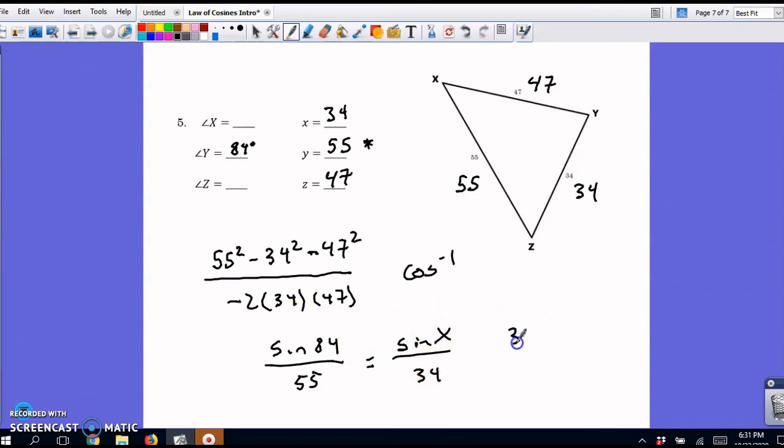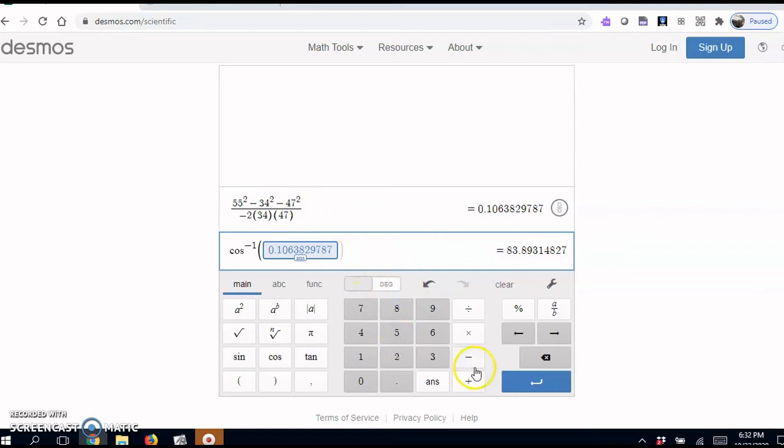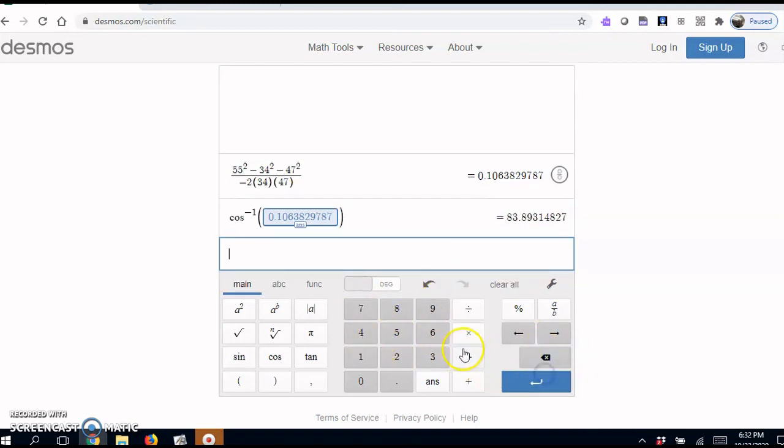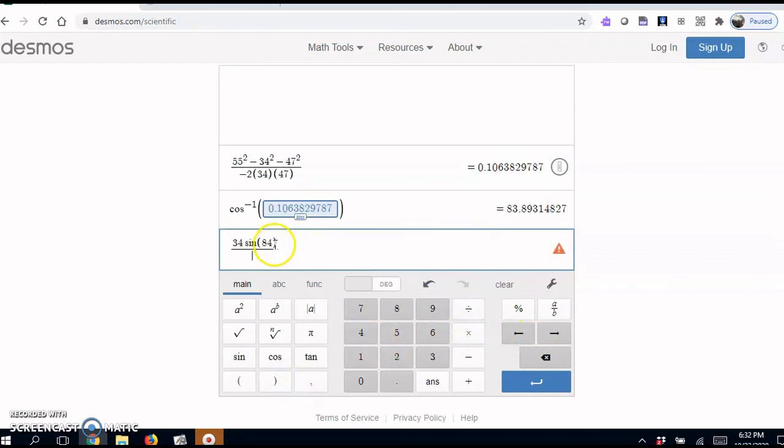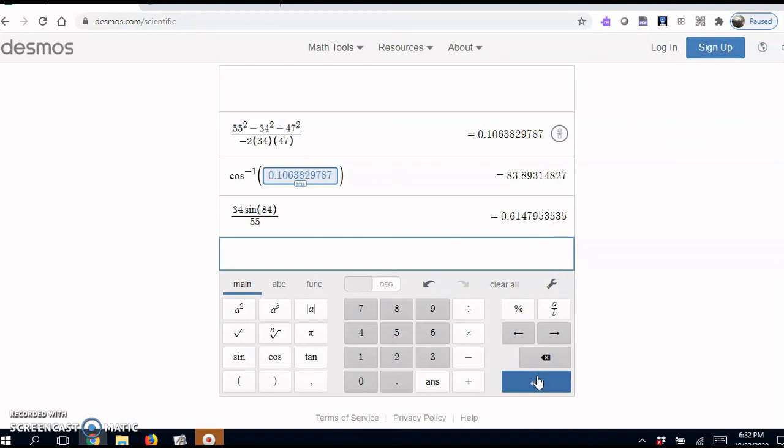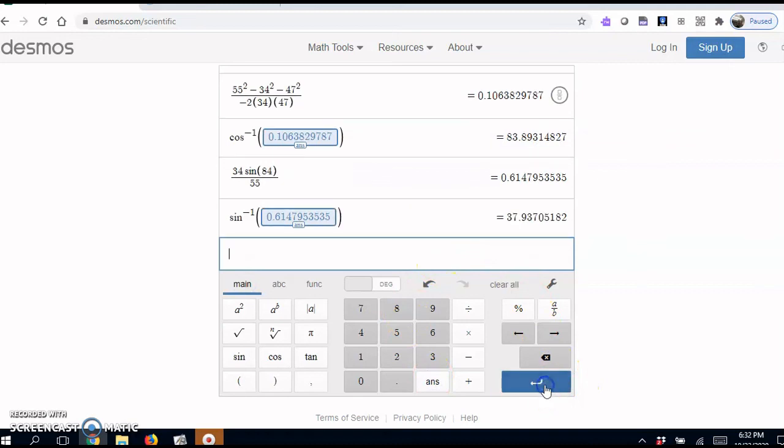Cross multiply: 34 sine 84, all divided by 55. Because I'm multiplying these, I can divide after that. It's when you're adding and subtracting that you have to use that fraction form. Then I'm going to inverse the sine of that answer, which gives 38 degrees.